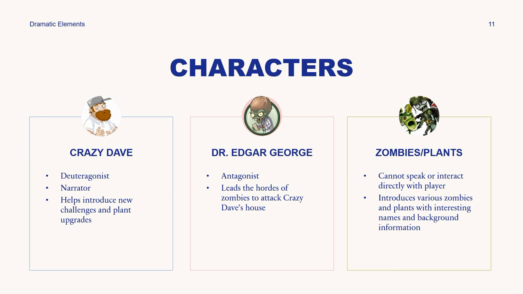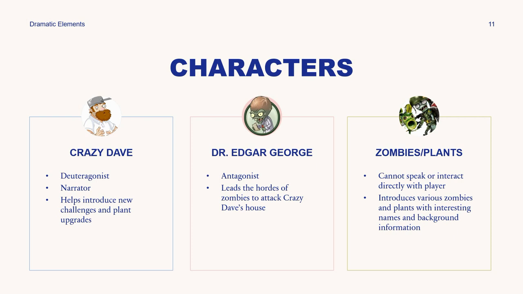He introduces these challenges and upgrades to the plants, but he really brings in the importance of why we need to attack these zombies. The reason why I say he's the second most important is because the protagonist in this game is the player himself. So, for example, me, if I was playing the game, I would be the protagonist because I am the one who is going to be fighting off these zombies and protecting the house and protecting Dave from the zombies.